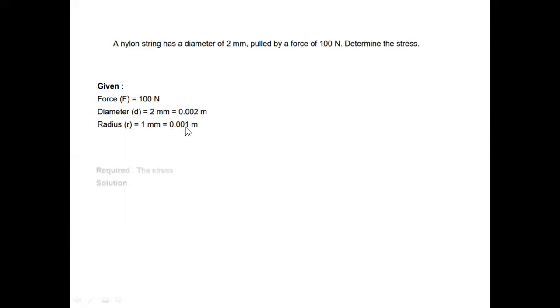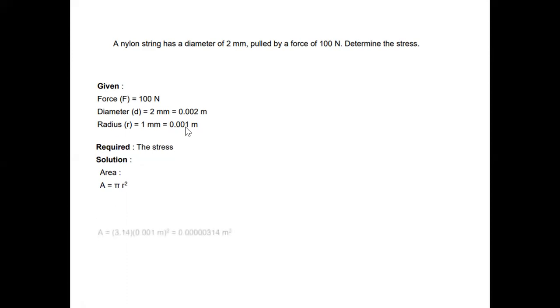We are required to determine the stress. Now, if we're going to proceed with the solution, first we need to solve for the cross-sectional area wherein the force was applied. The cross-sectional area for the nylon string is in terms of a circle. Now, the area of a circle is equal to pi r squared.